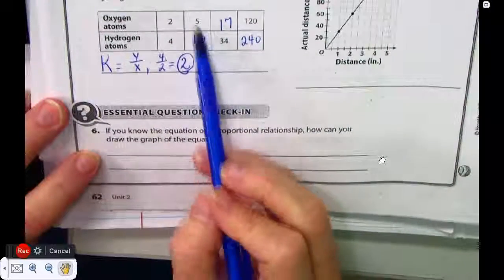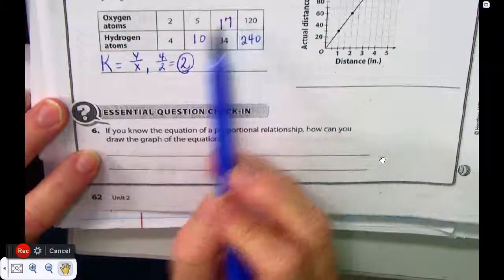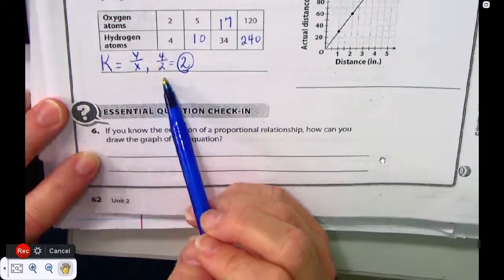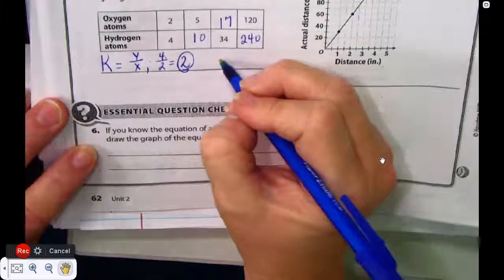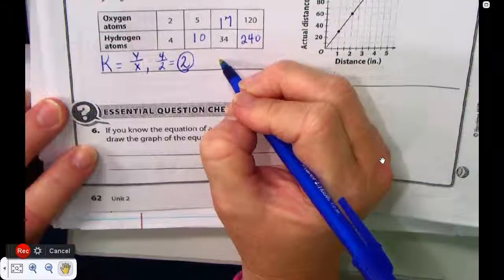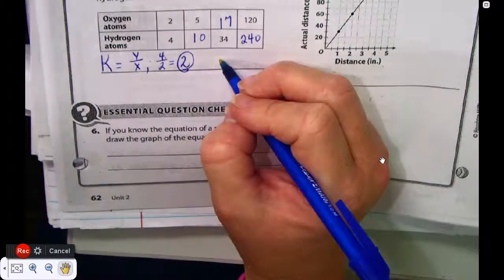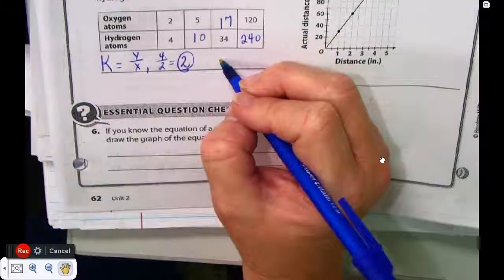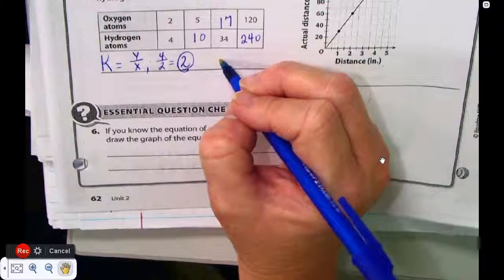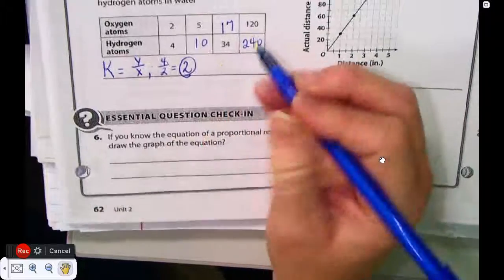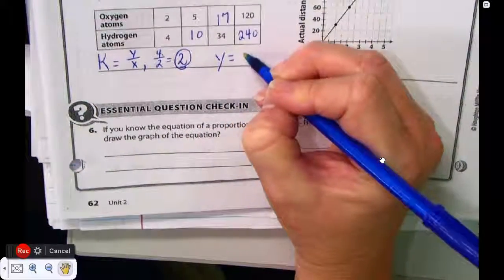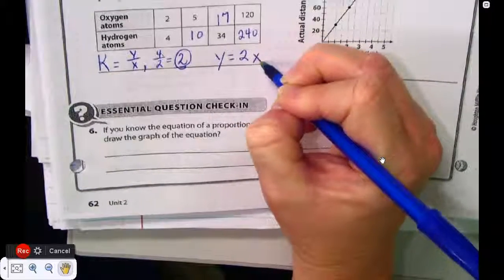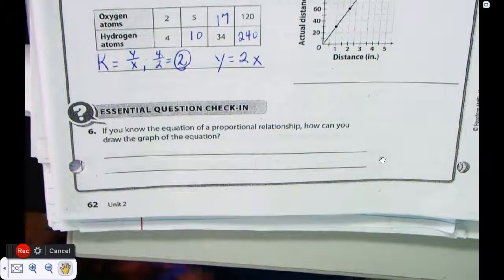You could have divided 10 by 5, 34 by 17, but let's use the smallest one. So K is 2. So Y equals what? 2x. Y equals 2x.